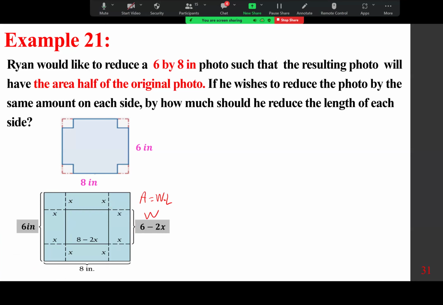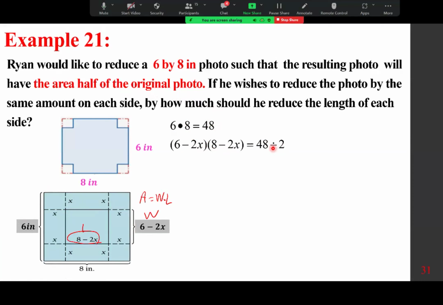Here's the width. Here's the length. So 6 minus 2x times 8 minus 2x. This is the area. And we want to divide this by 2 because we want it to be half of the original size, or 24.